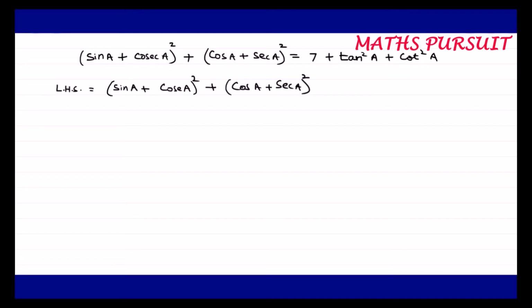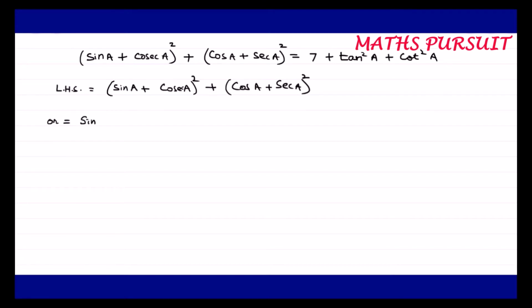This is like (sin A + cosec A) whole square. That means (A plus B) whole square. So let us solve this one in that way. I can write (A plus B) whole square as A square plus B square plus 2AB, or A square plus 2AB plus B square.